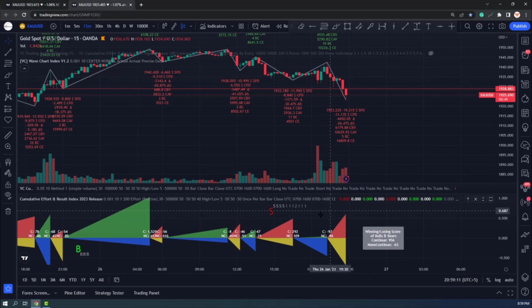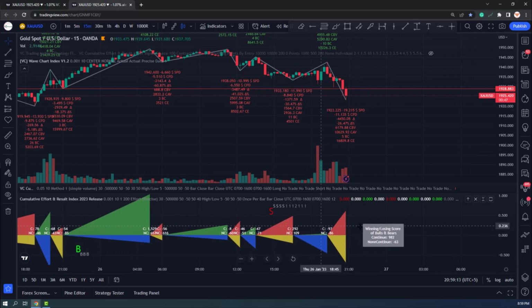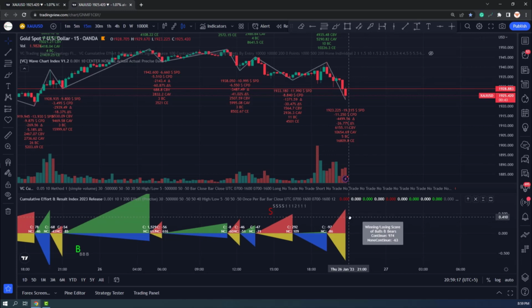The cumulative effort and result index is the graphical form of the wave chart index, but there are a lot of other settings, inputs, parameters and usabilities of this tool. This is a versatile tool. You can do almost any kind of analysis by using this single tool.